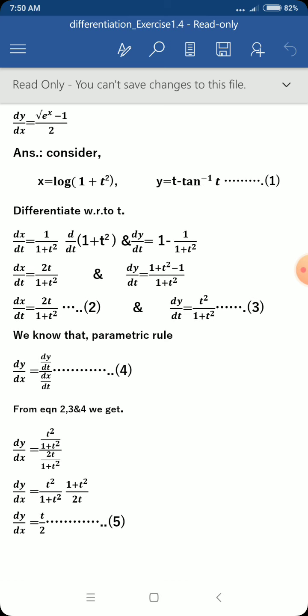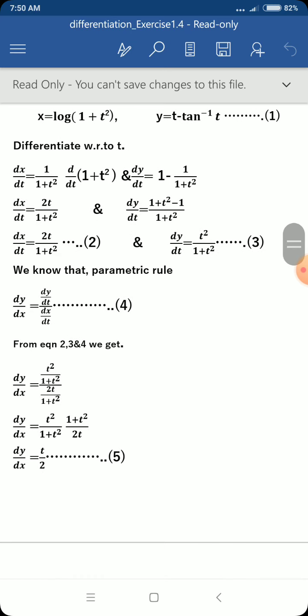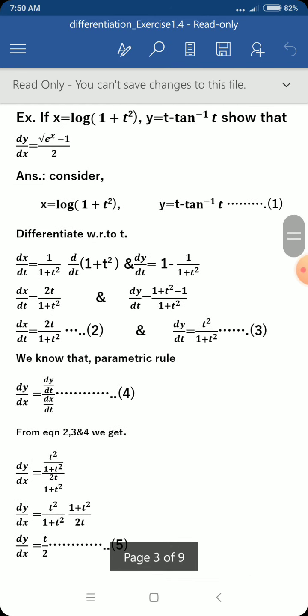Now differentiate these equations with respect to t. Now derivative of first equation, derivative of x with respect to t is dx upon dt equal to derivative of log of 1 plus t square. Log of 1 plus t square is a composite function again.